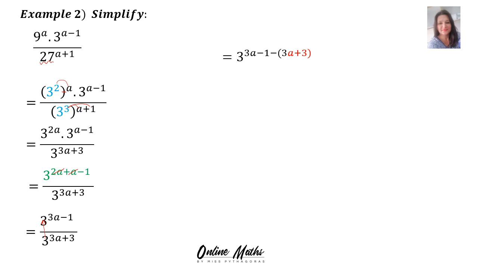And then in the next step, I will multiply in the minus, and it becomes 3 to the 3a minus 1 minus 3a minus 3. And then I can say 3a minus 3a is nothing, and minus 1 minus 3 is negative 4. And 3 to the negative 4 is the same as 1 over 3 to the positive 4, and that is 1 over 81.